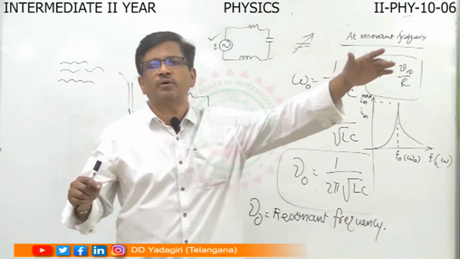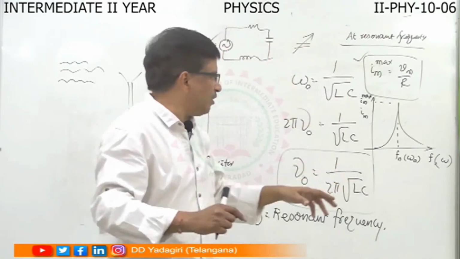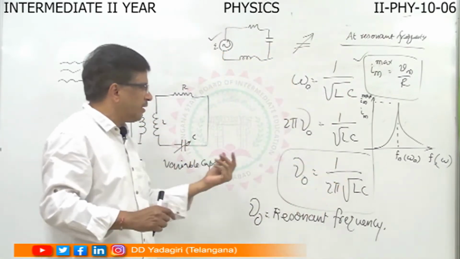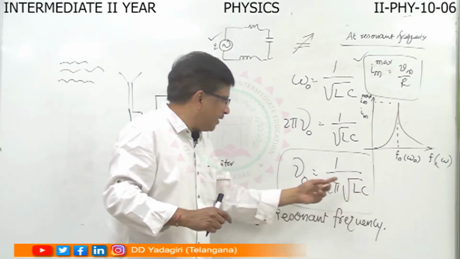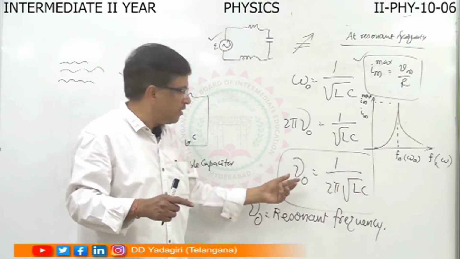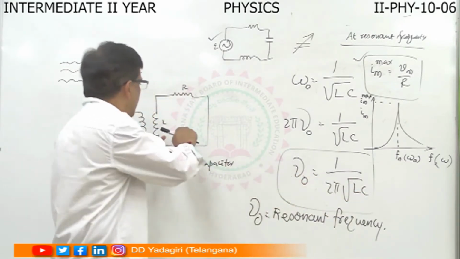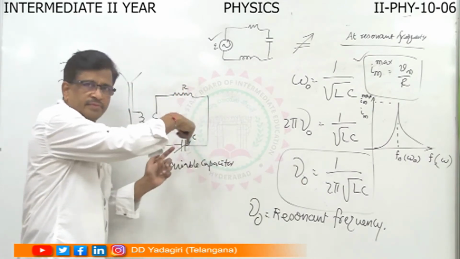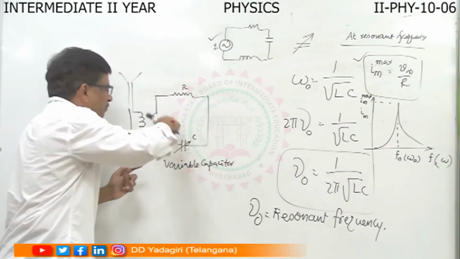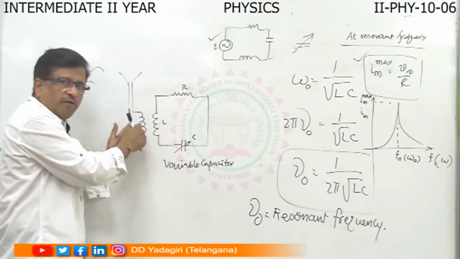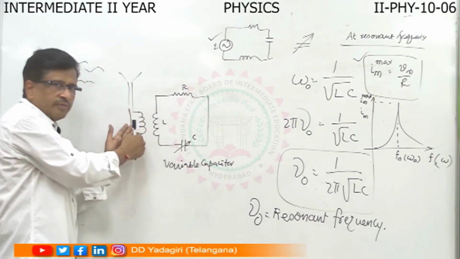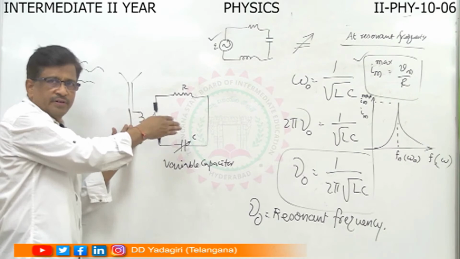ETV waves will have some frequency. When you change the capacity to get the ETV wave frequency, that frequency is attained by this circuit. So this frequency will match with the frequency of the ETV wave. Then there will be resonance.